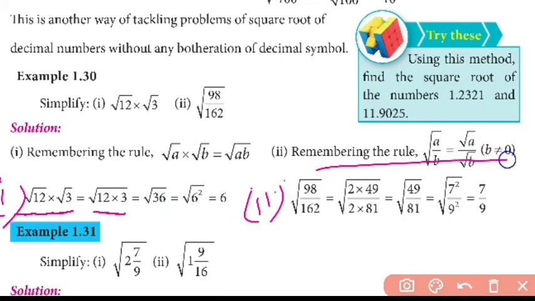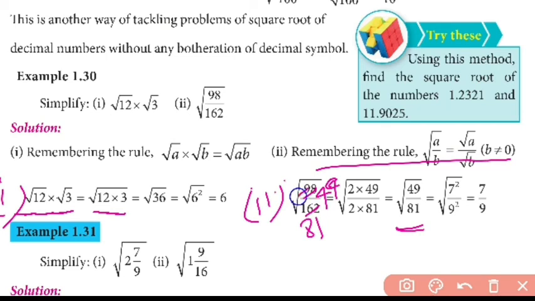Next, the second one. Here we use the formula root of a by b equals root a by root b. So root of 98 by 162. Here we simplify using the second table: 49 twos are 98 and 81 twos are 162. So we can write directly root of 49 by 81.